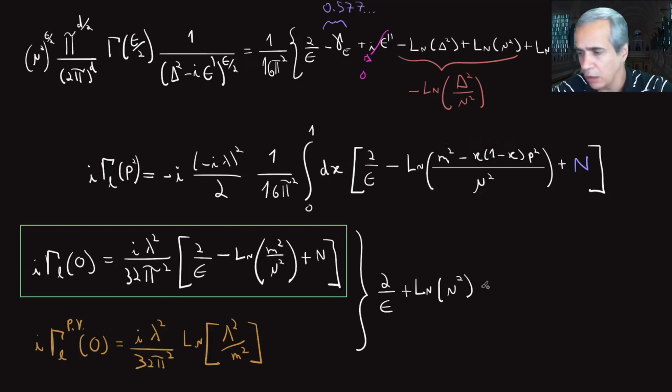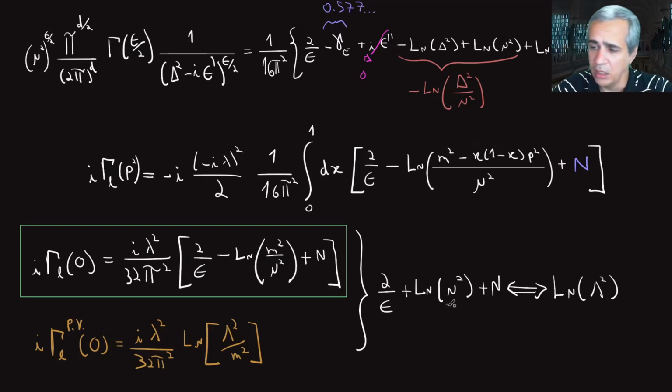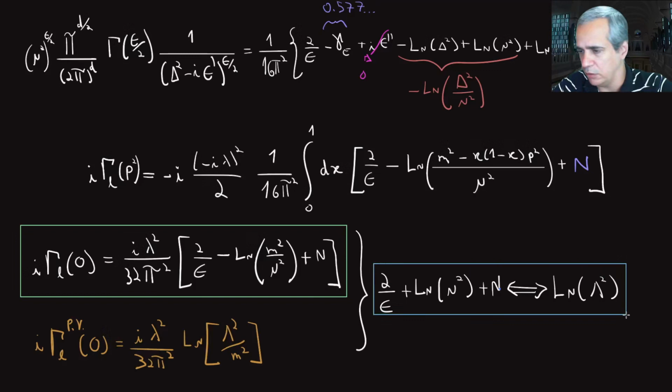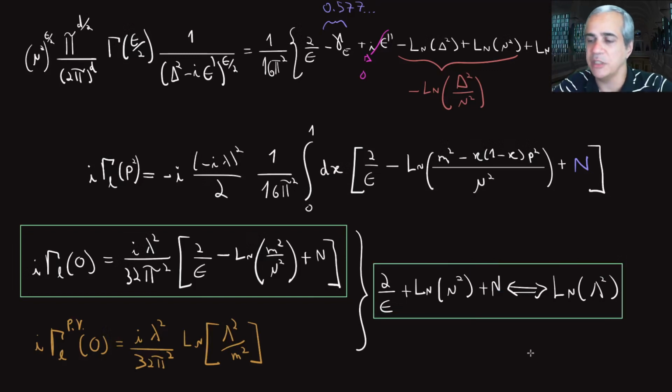Plus the numbers you exchange by the log of lambda squared, which is a log divergence. This is a 2 that comes out here. So I would say this is the mapping between these two regularization methods. Of course, we don't know at this point if this generalizes to other loops, but at least in this case, that's the mapping you could find.